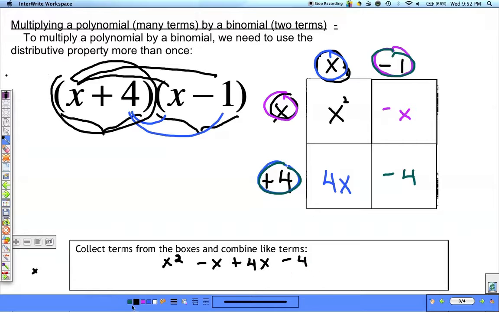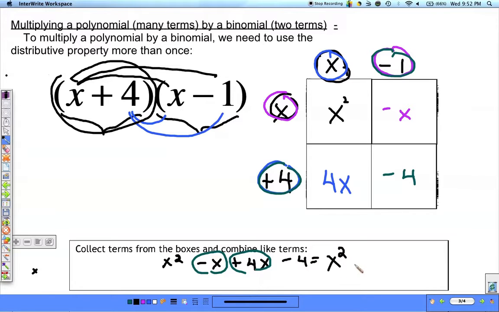Now, of course, we know that our like terms would just be the minus x and the plus 4x. So I just want to combine those, and my end result is going to be x squared.